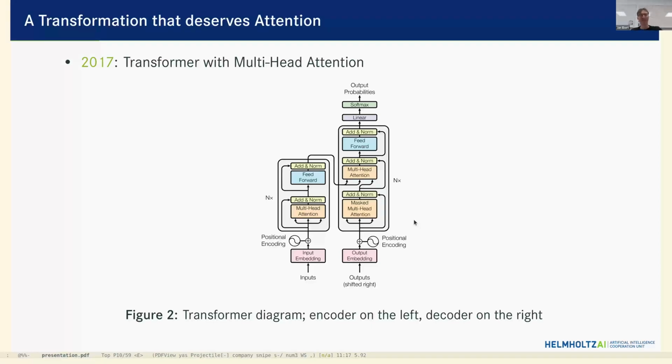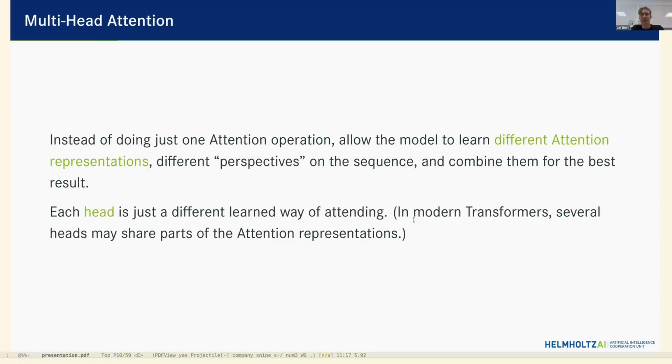Right. Another thing that the transformer architecture, this new type of neural network, added is multi-head attention. I already told you that this attention function exists, but the authors of the transformer had the idea that you could allow the model to learn different viewpoints or perspectives on sentences.